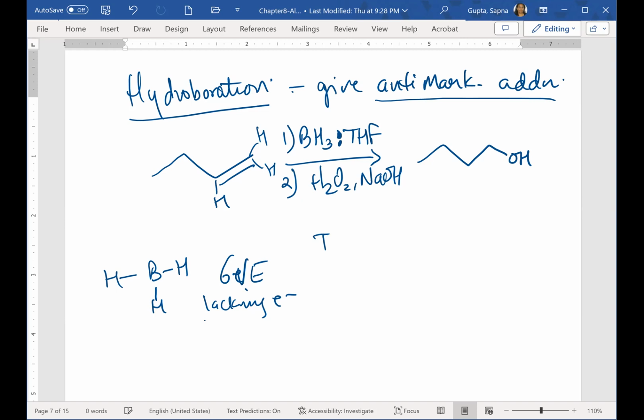So what the heck is THF? THF is called tetrahydrofuran. There are so many things that you learn, not just the reaction itself, but also about reagents. THF, tetrahydrofuran, is this compound, which is an ether.